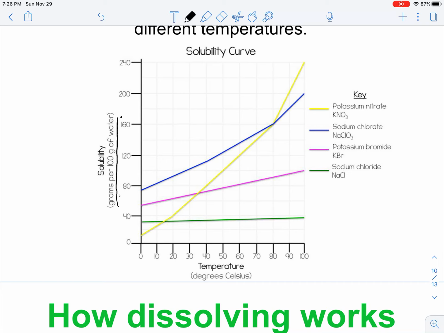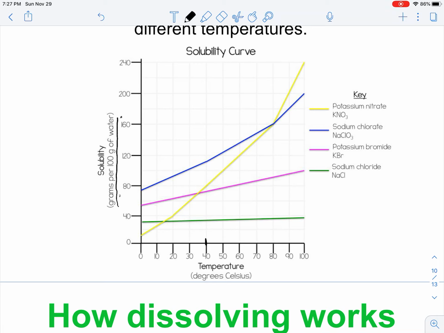Okay, so if we look at this yellow line, which is potassium nitrate, notice that it increases a lot as you increase the temperature. So let's just say how much KNO3 would dissolve at 40 degrees Celsius. So if you look here, you've got 40 here, and you see where the yellow line crosses it, and you see that it is at about 80. So 80 grams of KNO3 would dissolve at 40 degrees.